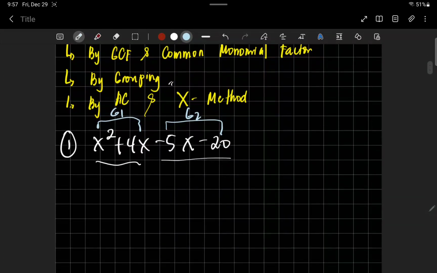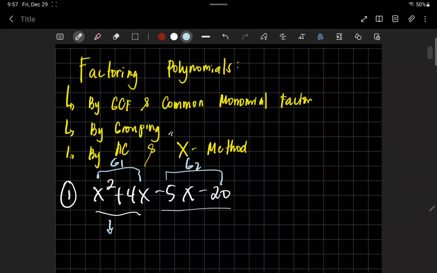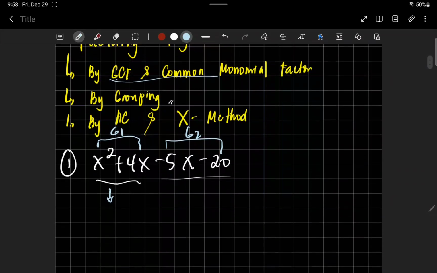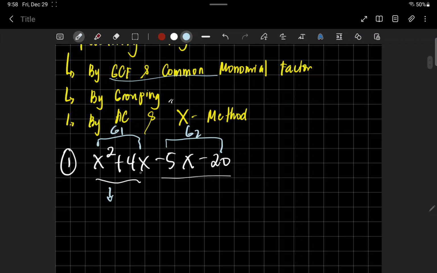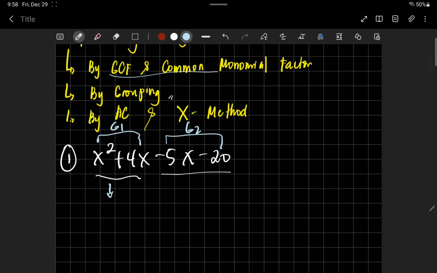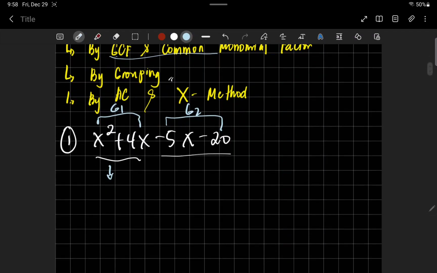So, si x squared plus 4x, ano ba yung factored form niya? Kung babalikan natin si GCF and the common monomial factor, kung paano kinukuha yung factored form nito. So, si x squared plus 4x, meron silang common factor, which is yung x. Right? And x squared divided by x is x, and 4x divided by x is positive 4.